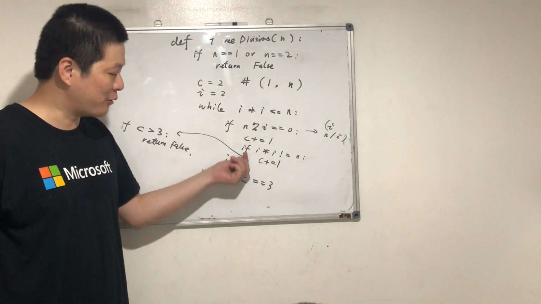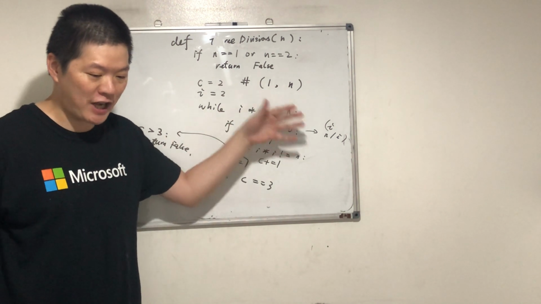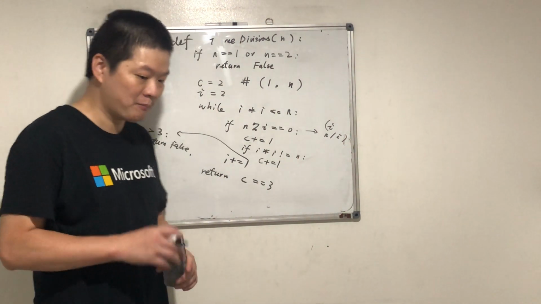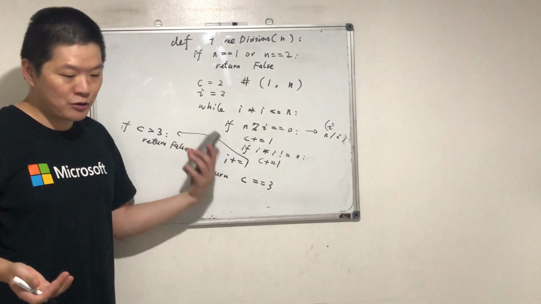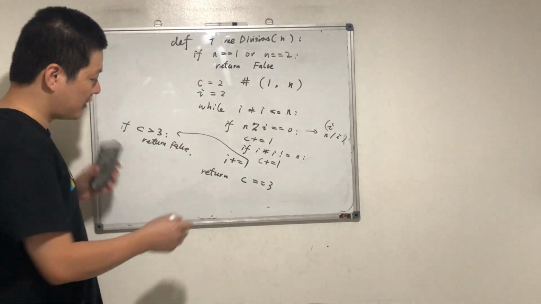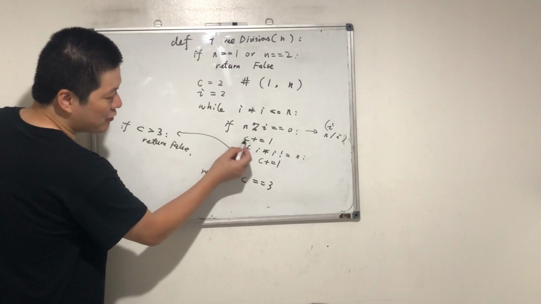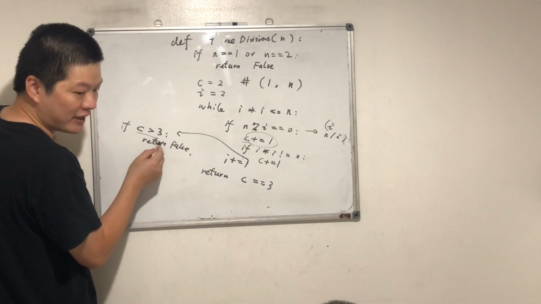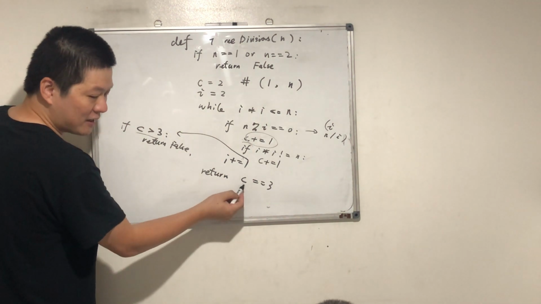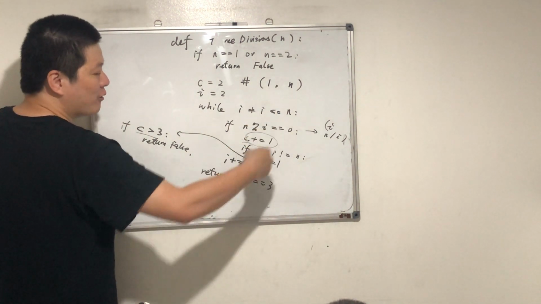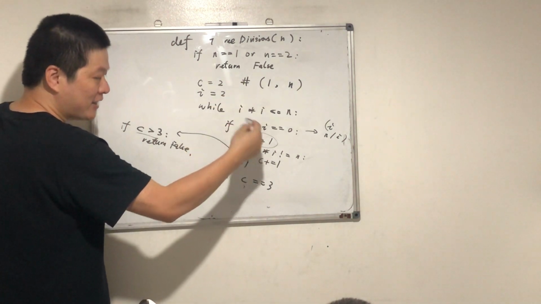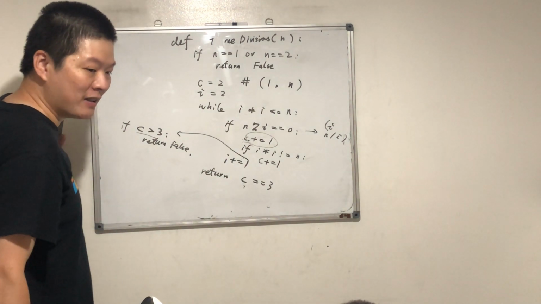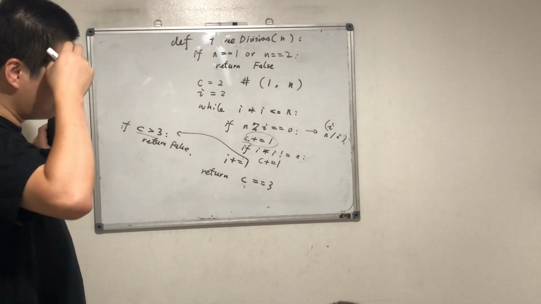So we can skip the rest of the checks and return false immediately. Why don't you do it at the beginning? Because at the beginning you're not sure. I put it here because every time I increment here, I increment C. And once I find it's bigger than 3, the answer is false. There's no need to continue until we exhaust i. Am I right? Got it?